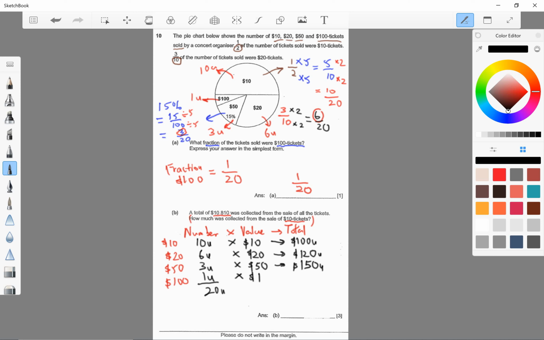So it's 1 unit times $100, which gives us $100 U.